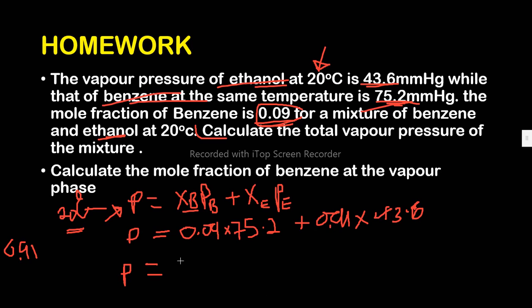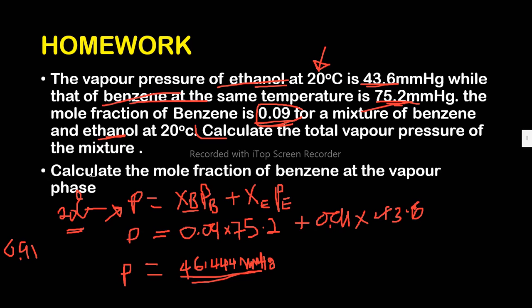It is 46.444 millimeters of mercury. So this will be the pressure of this mixture that has 0.09 benzene and 0.91 ethanol.